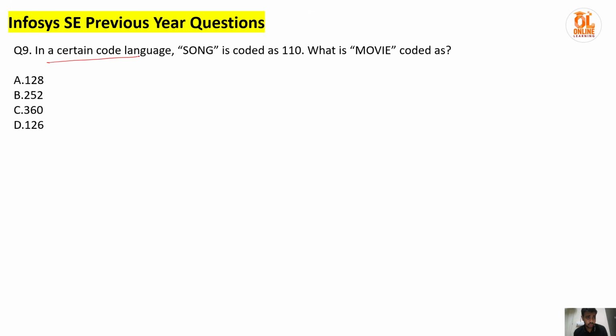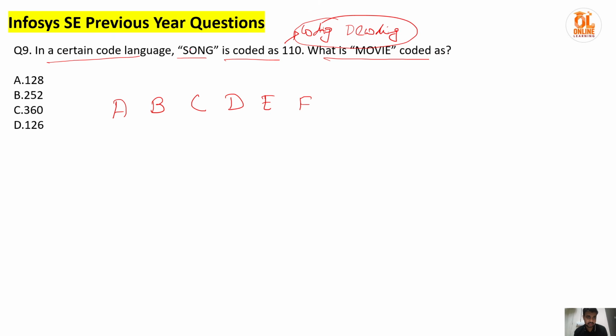In a certain code language, song is coded as 1110. What is movie coded as? I will request all of you, before the exam starts, write this in the rough sheet you are using. That will save your time during the exam because you will get coding and decoding questions. It is mandatory that they give these questions, generally this type of questions.